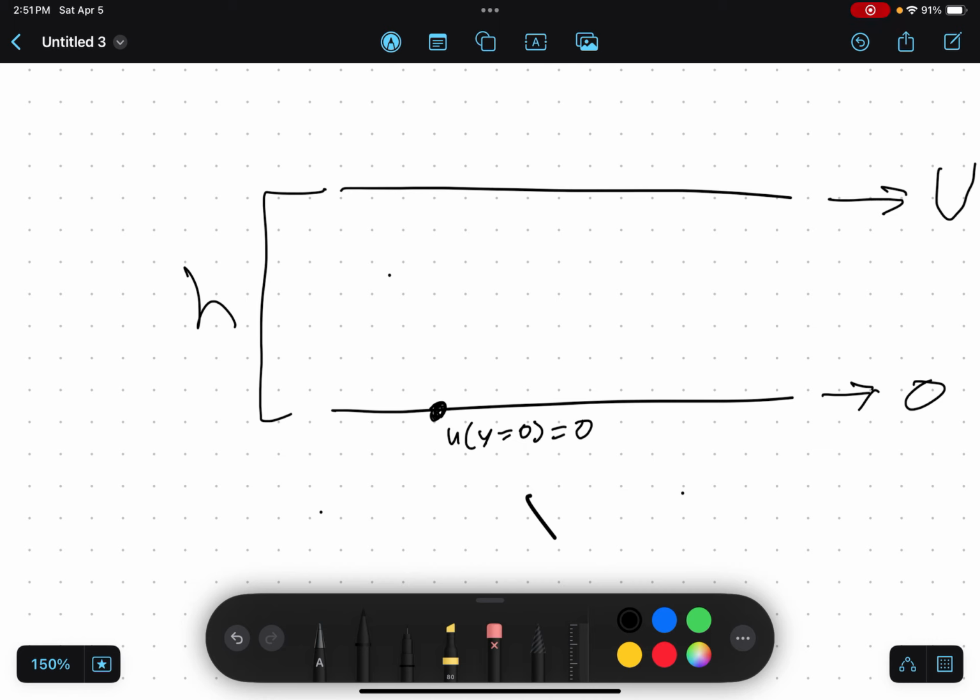So on the bottom, it would be 0. But on the top, u at y equals h equals big U, because it's moving at the surface speed.